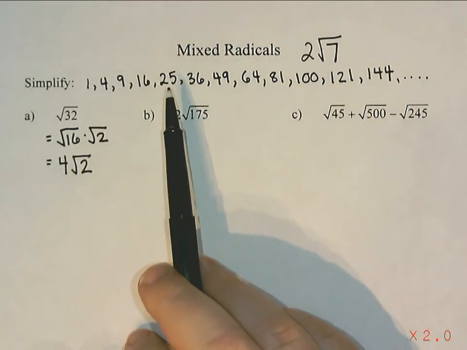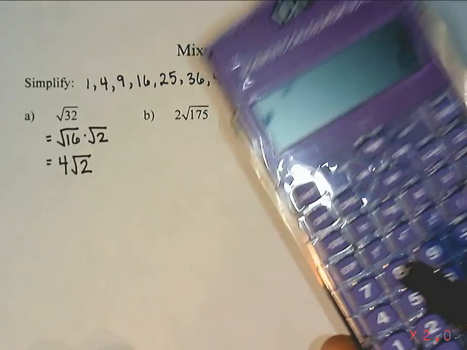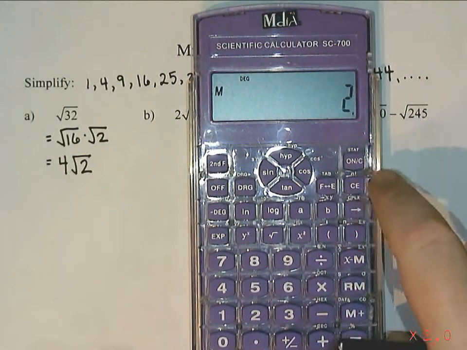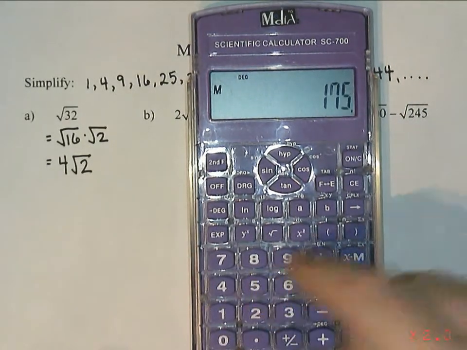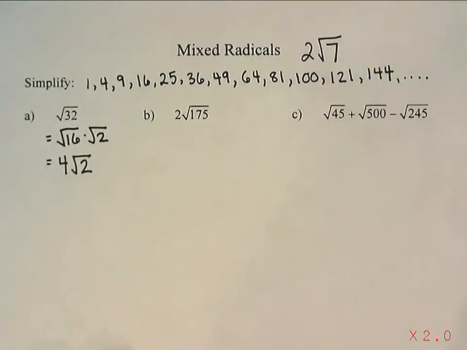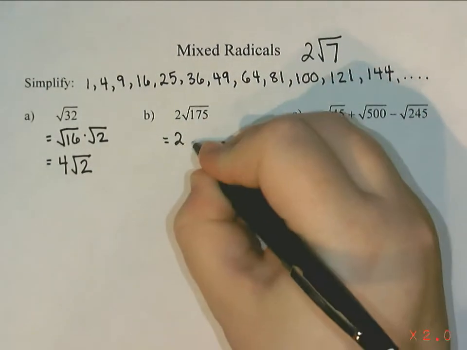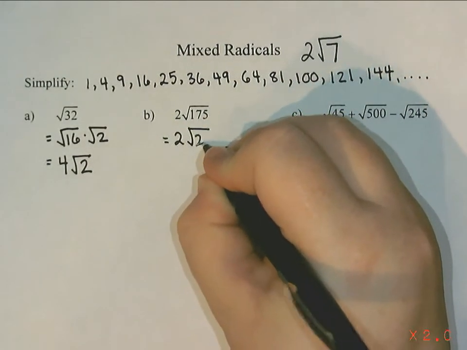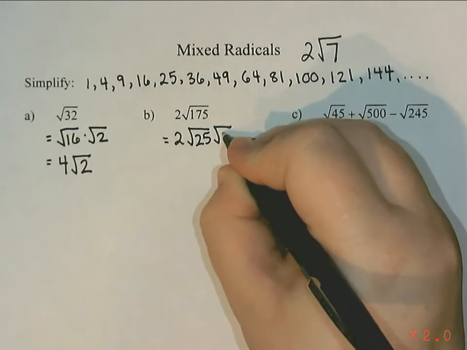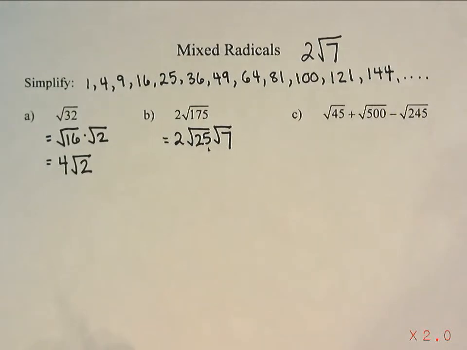So 25 is 5 squared, so I'm going to see what 175 divided by 25 is. And I get 7. So I'm going to say here that this is the same as 2 times the square root of 25 times the square root of 7, because 25 times 7 equals 175.